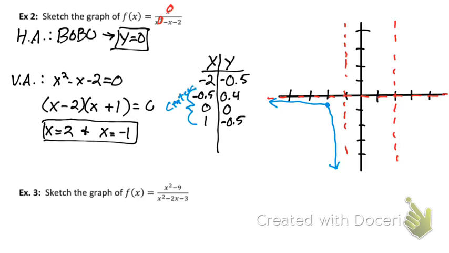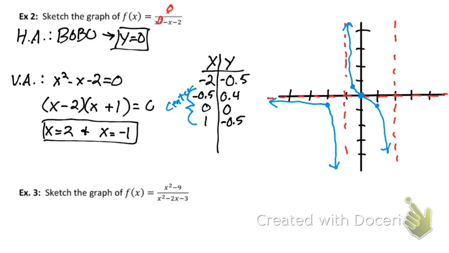So plotting those points, at -0.5, it's up about 0.4, which might be about here. Then we have 0, 0. And then we have 1 about halfway, something like that. But that's enough information. We realize that it must go like this, and it must go like that. It's the only thing I can do.